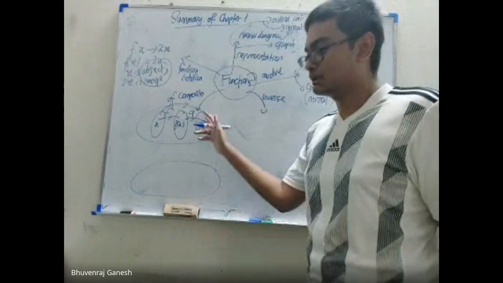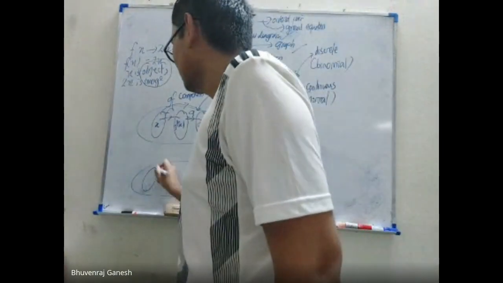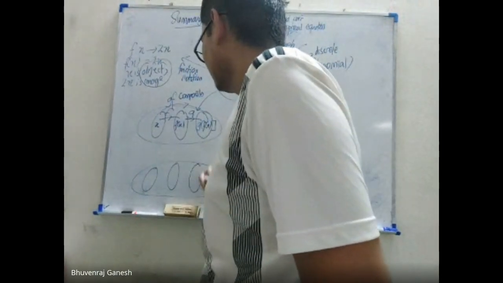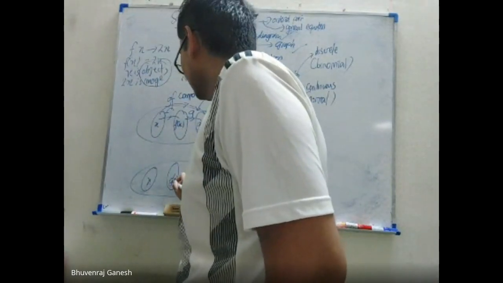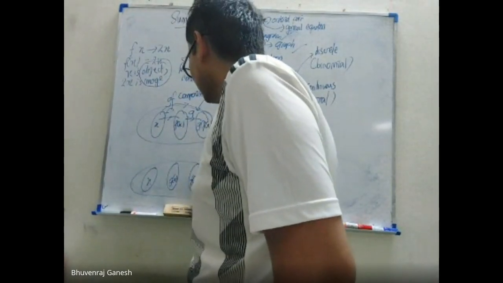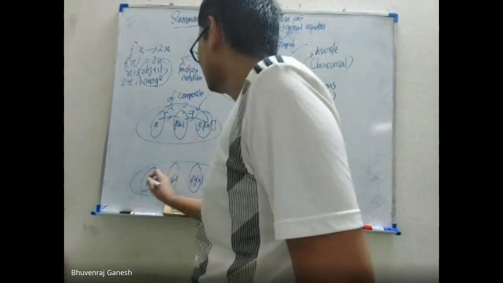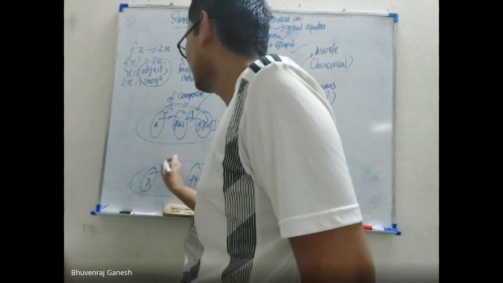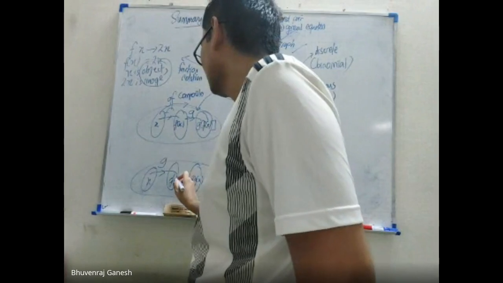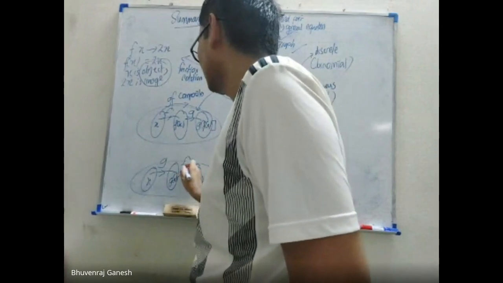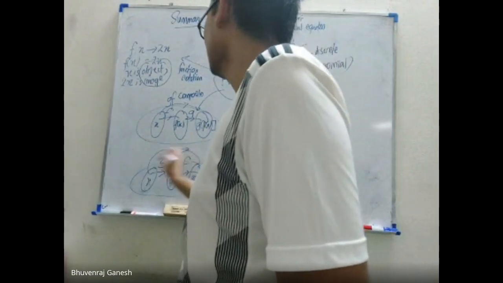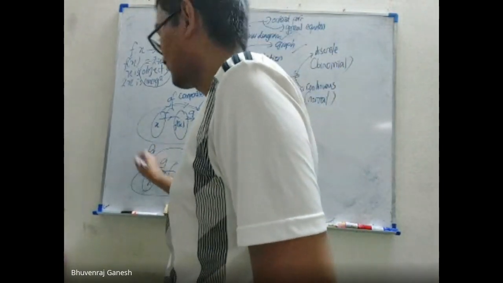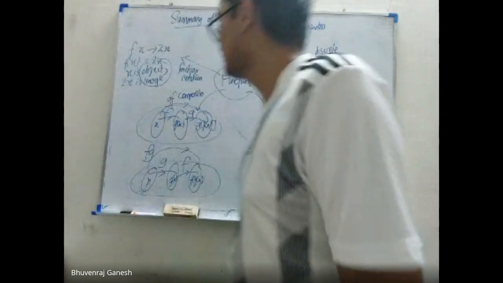That's one type. Another possibility: here is x, here is g(x), here is fg(x). From here to here, function g maps x to g(x), and from here to here, function f maps g(x) to fg(x). The total composite function is fg. So that's your composite function summarized.